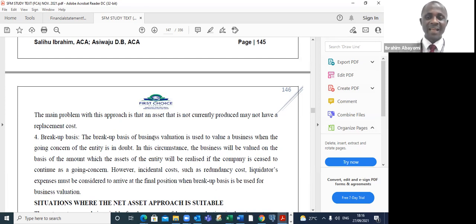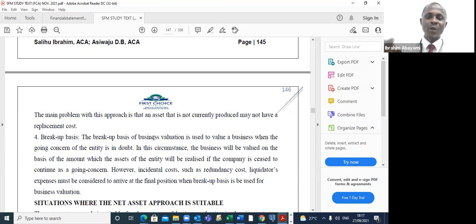He has gotten his visa, he has gotten everything, but he has a problem of ticket money. And he has a car that is worth 3 million. What will he do? He can sell that car for 1.5 million just because he needs that money at that particular time. That is the case of break-up basis.